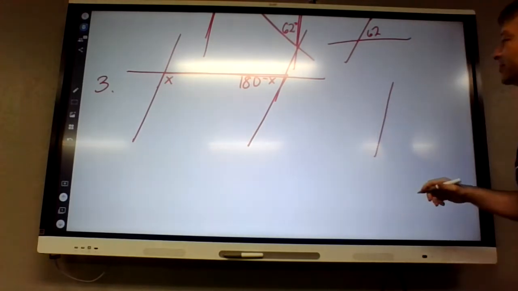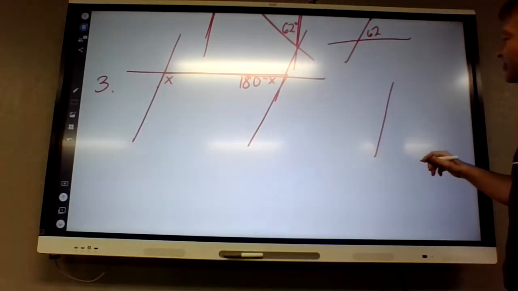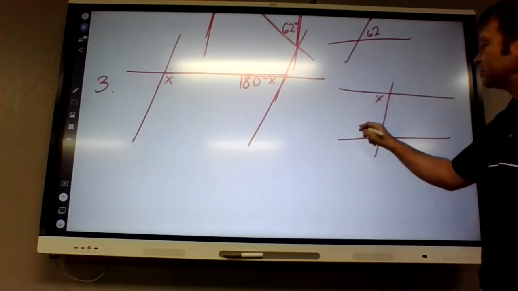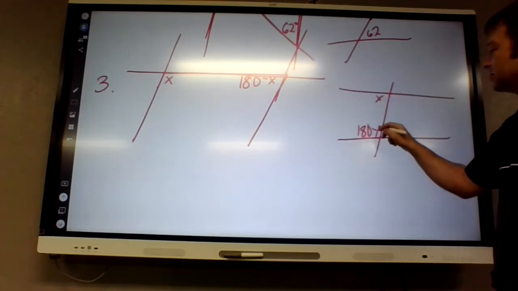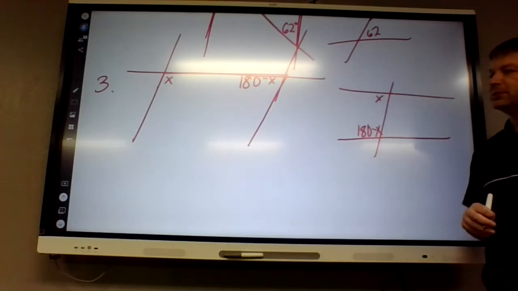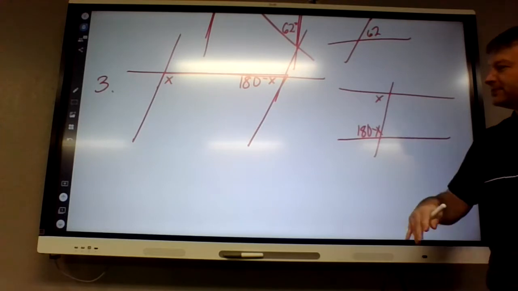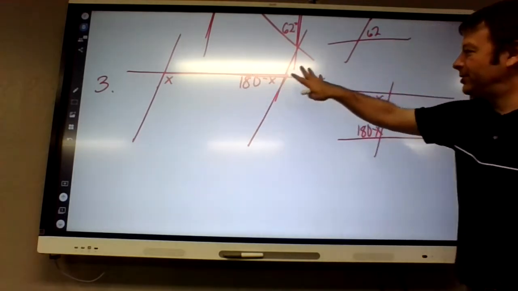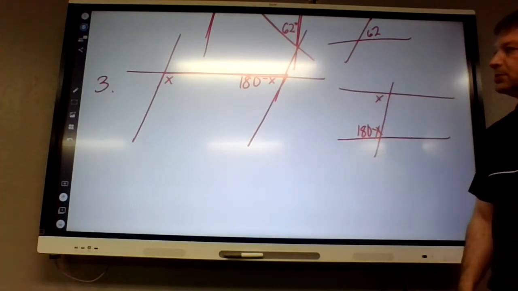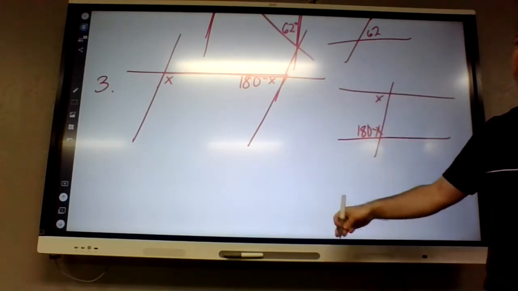Okay, if I extended the lines and turned it sideways, it looks like this. Oh, same side interior. You guys see it? I just turned it like this so it looks more like what we're used to. These are same side interior angles.